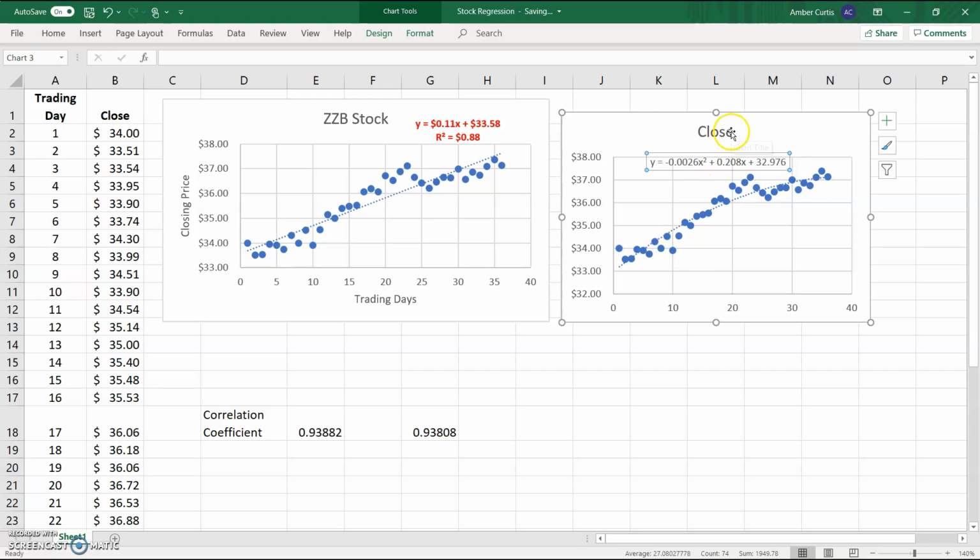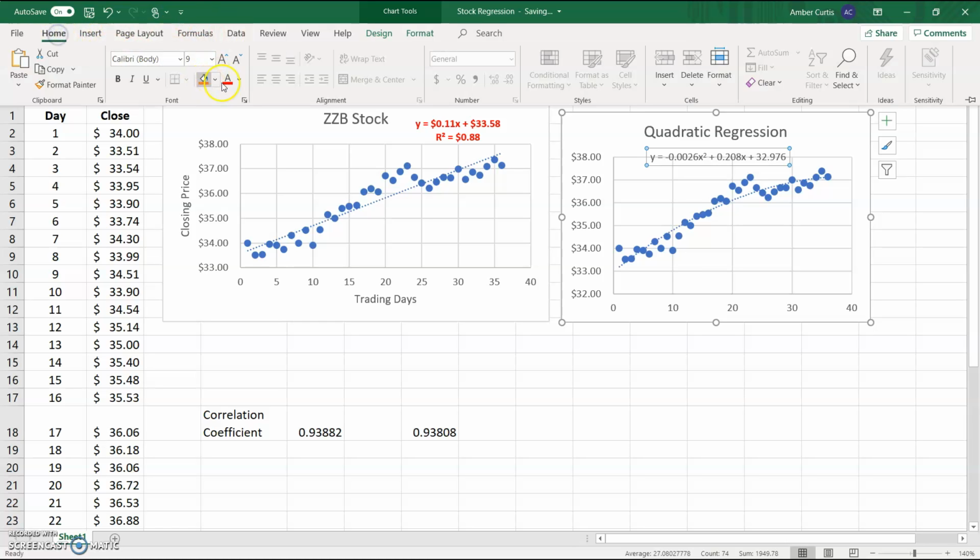Now we know this is quadratic because it actually has that highest degree 2. So the highest power, or exponent, we see is that 2 right there. So we have our quadratic regression model, and we'll highlight that in red as well.